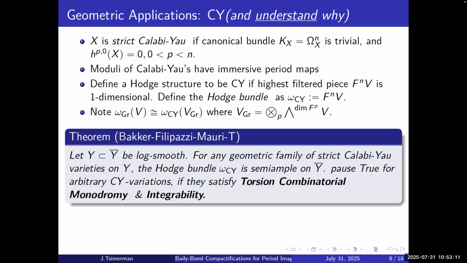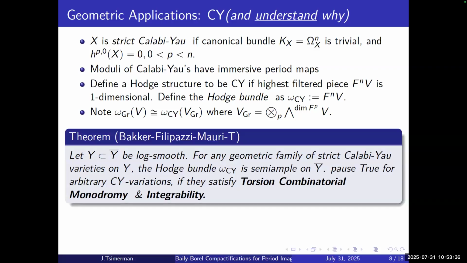And we have the following theorem. If you have a geometric family of strict Calabi-Yau varieties, and you look at this Hodge bundle, then its extension to any log smooth compactification is semi-ample. It's also true for arbitrary CY variations, but it's not true for arbitrary CY variations. There are counterexamples.